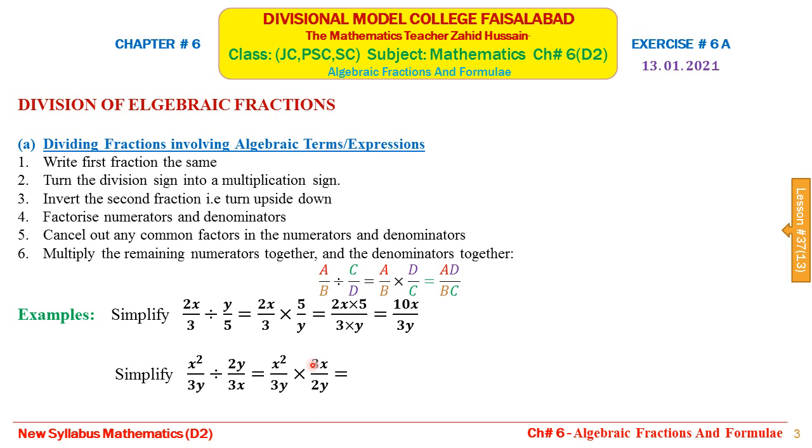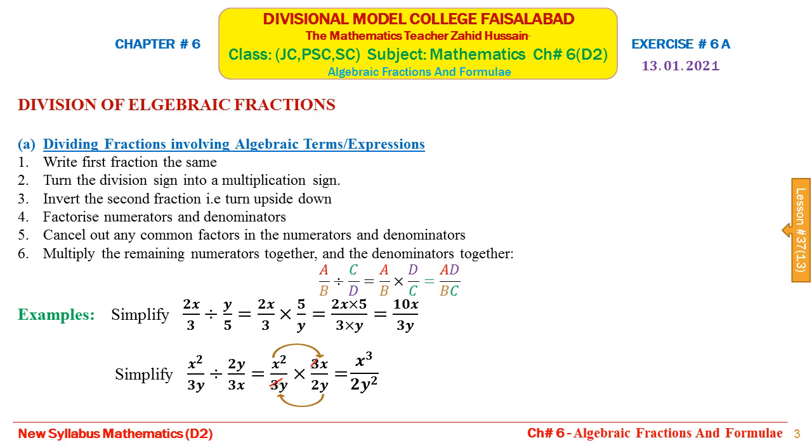In the numerator of the second fraction there is 3, and in the denominator of the first fraction is 3. So these 3 can be cancelled. 3 is cancelled with this 3, and we will multiply the remaining numerators and denominators.